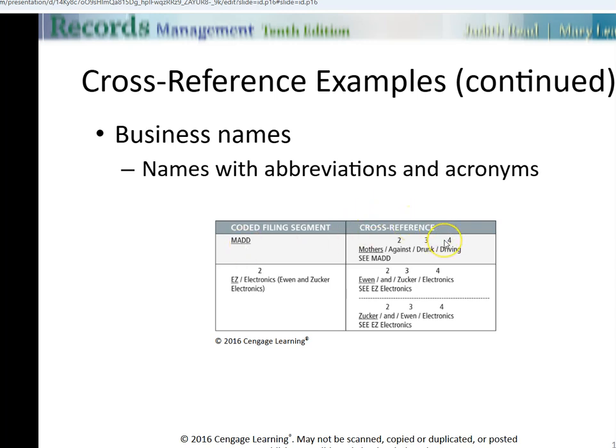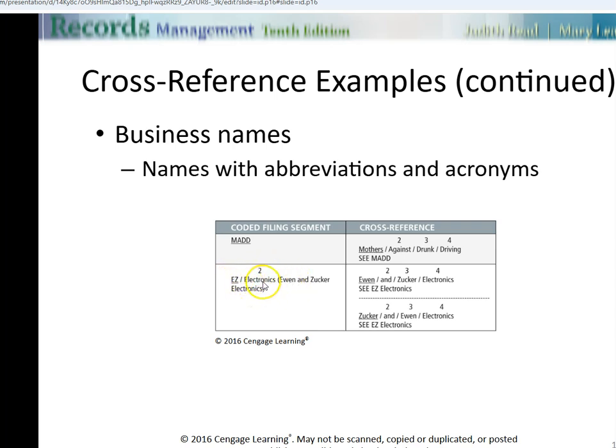Now let's take a look at a more complex example that combines both an abbreviation and a compound business name. Let's say we have this company called Easy Electronics, and the full name of this business comes from the last names of the two founders, Ewan and Zucker. So the full name of Easy Electronics is Ewan and Zucker Electronics.